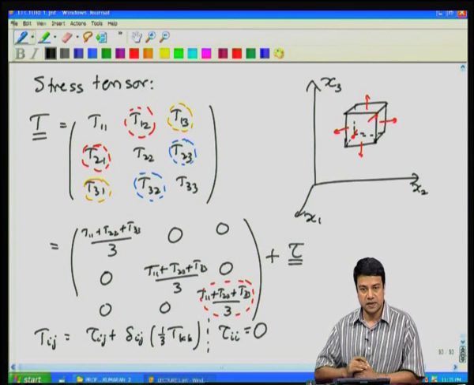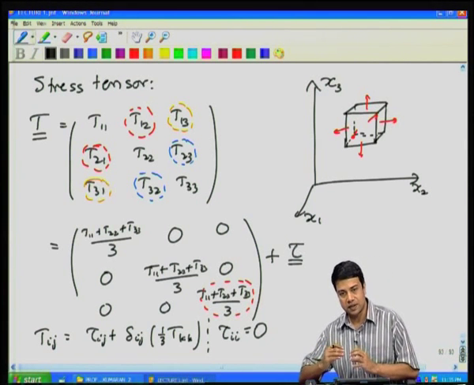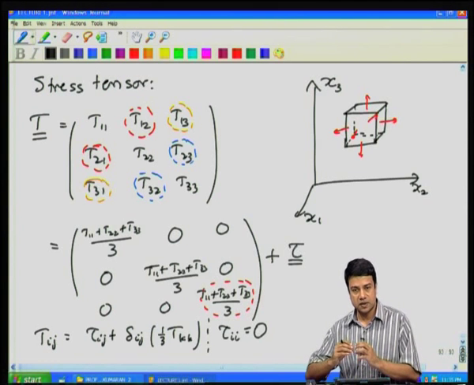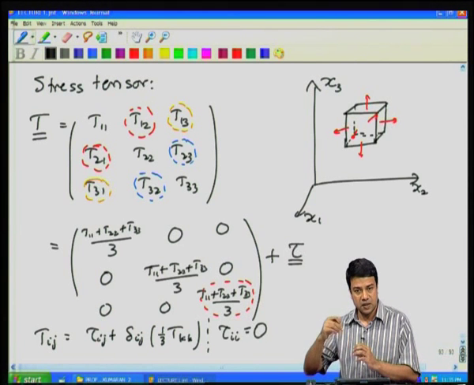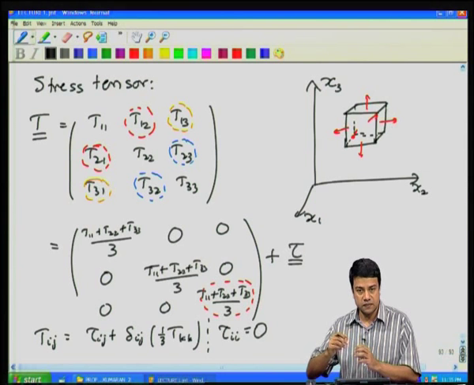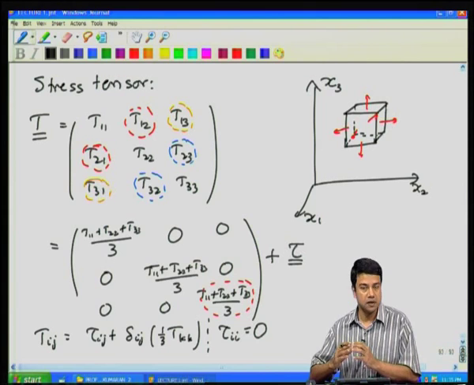Okay. So, in a static head of fluid, if I go somewhere within that fluid and I put in a small differential volume and I measure the forces acting on all surfaces of that differential volume, all those forces will be equal, they will be acting inwards and they will be equal to the local pressure times the surface area. Okay. As you know, the hydrostatic pressure is equal and acts equally in all directions.